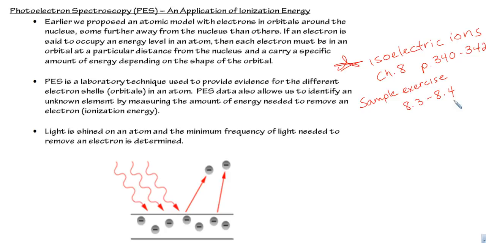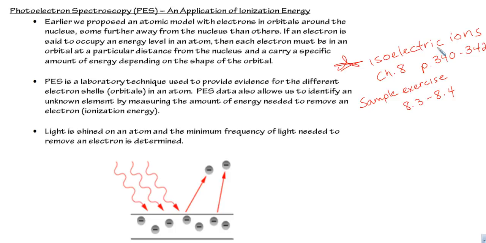So now, in general, here's what this is. It's a procedure where you'll have some kind of an energy source that's shined on the surface of your element. This reminds me of some other atomic structure experiments too. So you'll look at the minimum frequency of light needed to remove electrons. So we're talking ionization energy here.